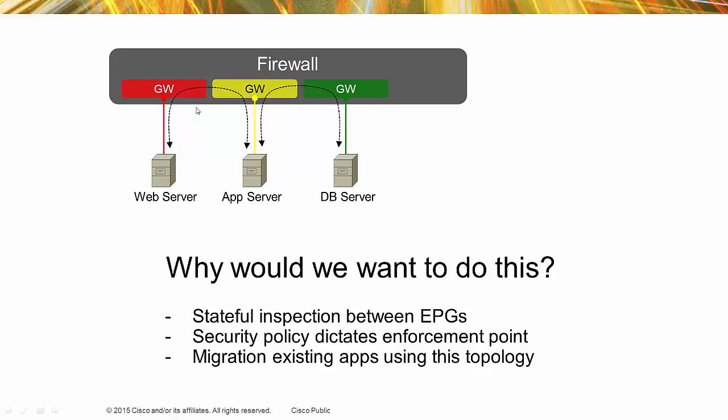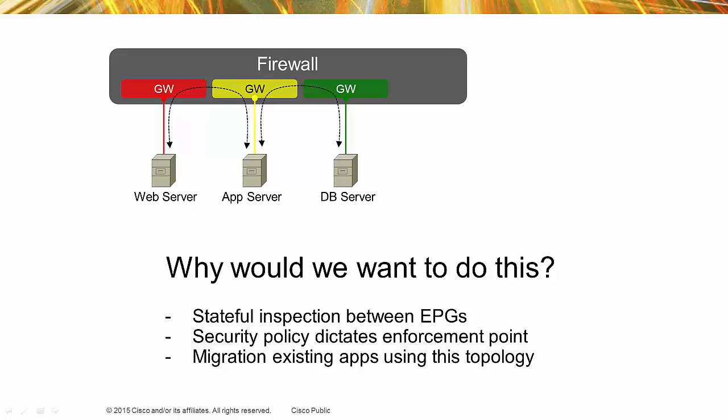Let's say once you create a contract, obviously the EPGs can communicate, but you want to filter some traffic, or there are some kind of policies or filtering happening, and you're using your ASA to do stateful traffic inspection.